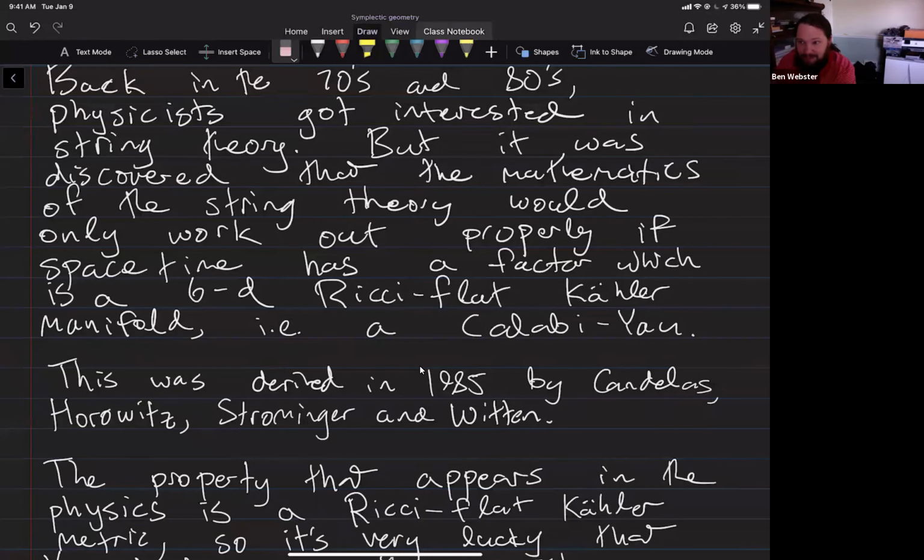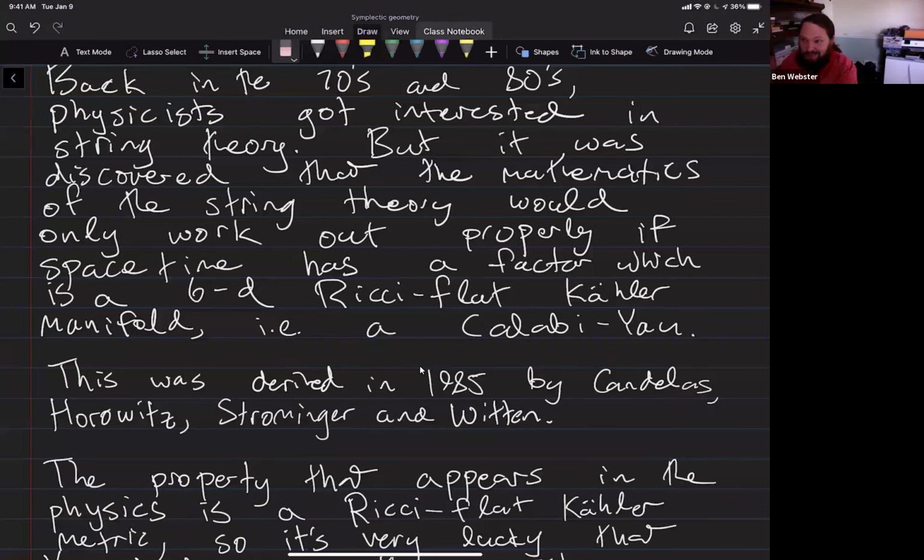And then there's a 6-dimensional factor which is extremely small and has a Ricci flat Kähler metric. So they started in the physics and said, we need to have these kinds of symmetry properties, this kind of consistency. And the relation they got at the end is that other factor has to have a Ricci flat Kähler metric.